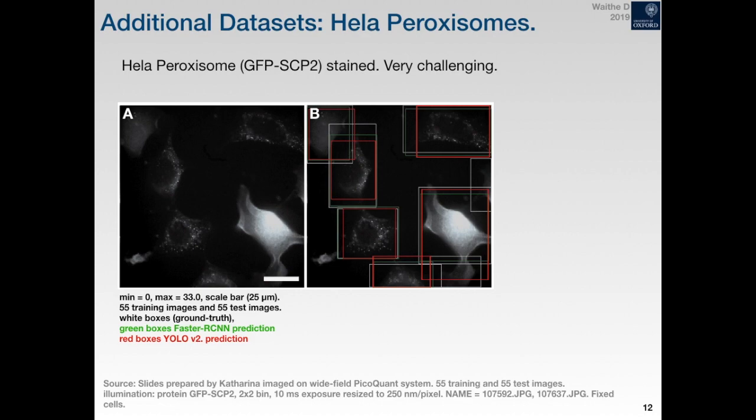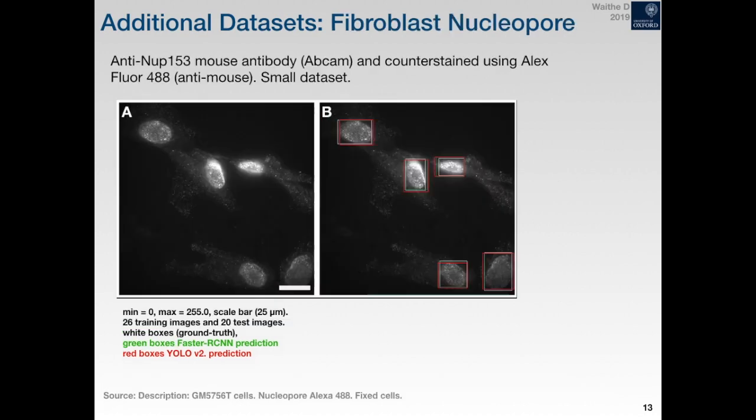Okay, so these are cells expressing peroxisomes, which are very variable. And then we've got things like nuclear pore. So nuclear pore isn't so challenging as the previous example, but most people, when they do DAPI segmentations, the DAPI is very consistent, and this is very dotty.